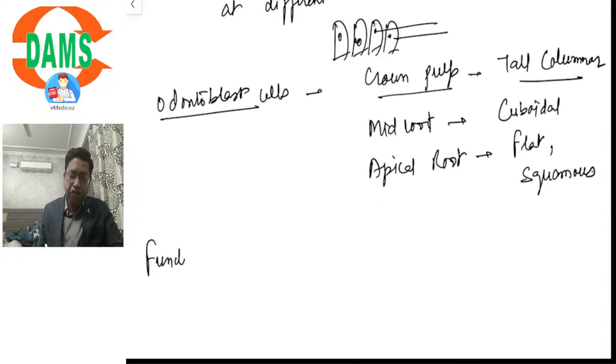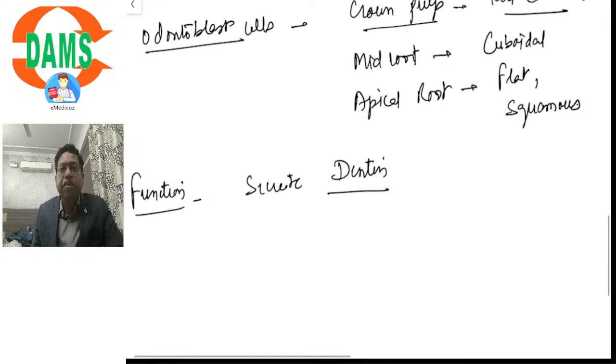If we talk about the function, these odontoblasts have the principal function of secreting dentine. They are the principal secretory cells that produce the dentine. So this production of dentine is the primary function of the odontoblast layer.